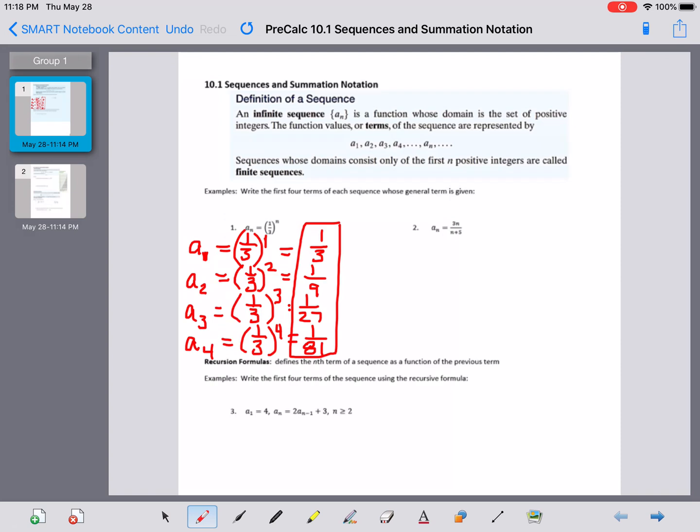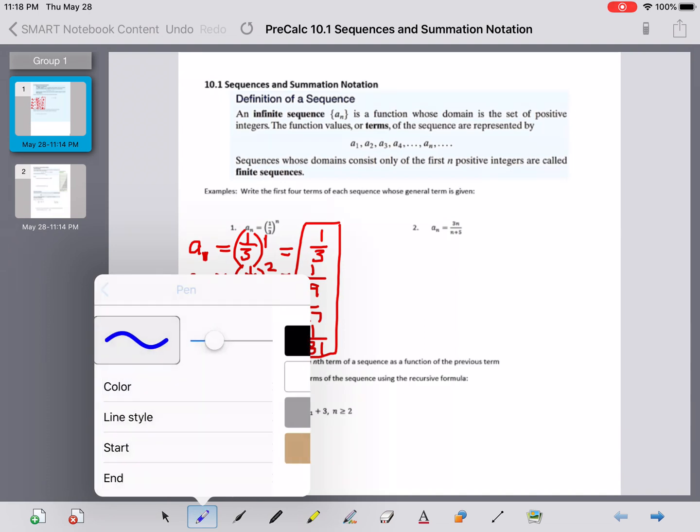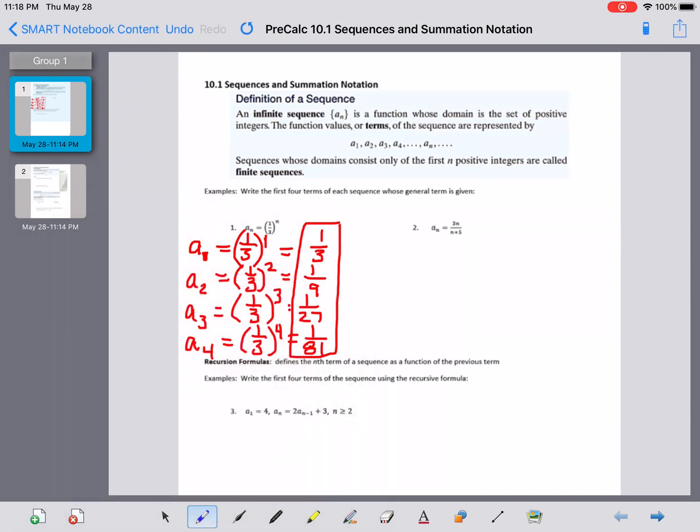And we like to have that symbol with it, like a sub 1, a sub 2, a sub 3, a sub 4, to tell which term in the sequence we're talking about. So let's try another finite sequence here. This one has a slightly more complicated rule. Remember, the a sub n on the left is simply an organizational identifier, and then on the right side is going to be our operational.